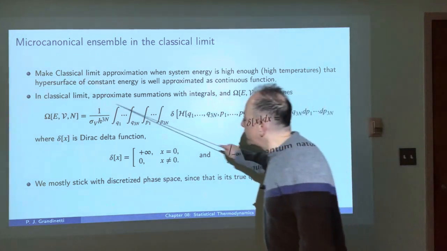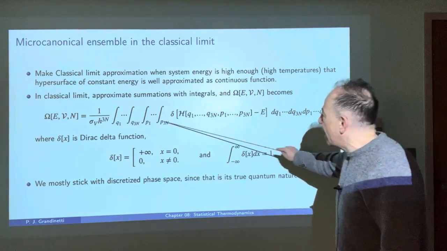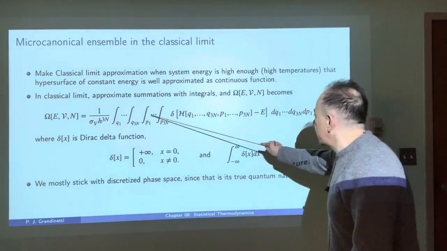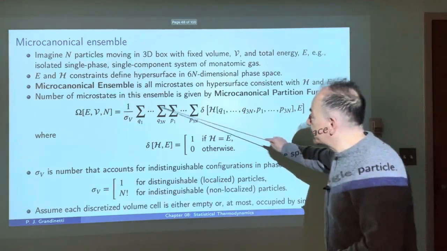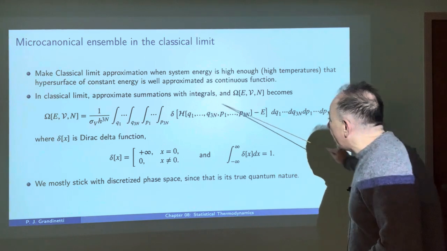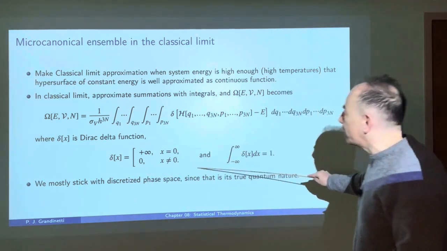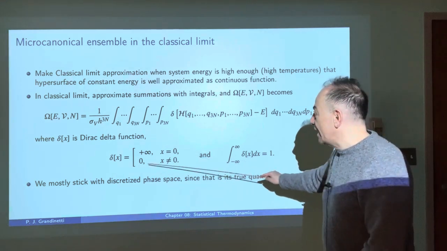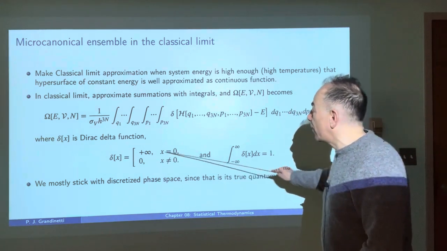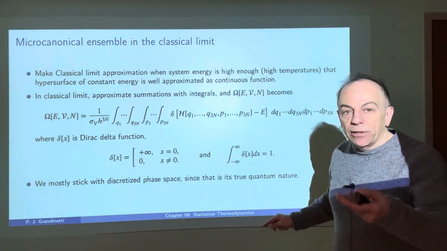And in that case, our counting summation becomes an integral. And you can see now we have this expression where we've replaced all of these summations with integrals, and we've replaced the function here with a function that's now called the Dirac delta function, which is a function which is either infinity if the argument is 0 or 0 if the argument is non-zero, and that's something we learned about in chapter 2.